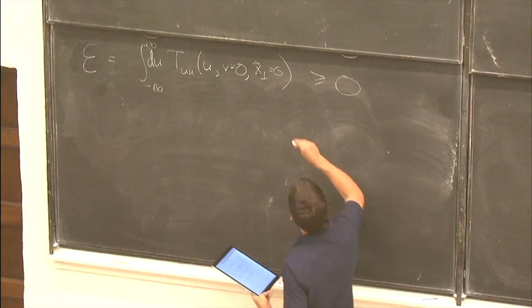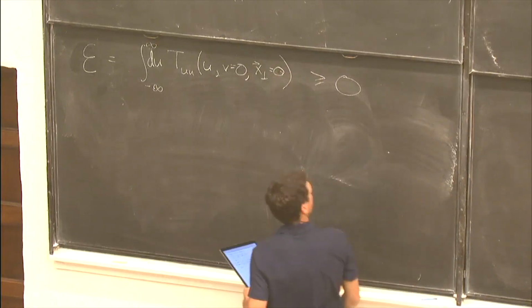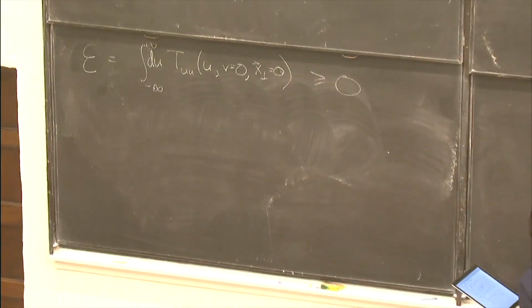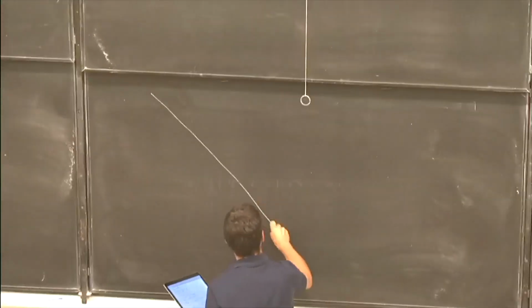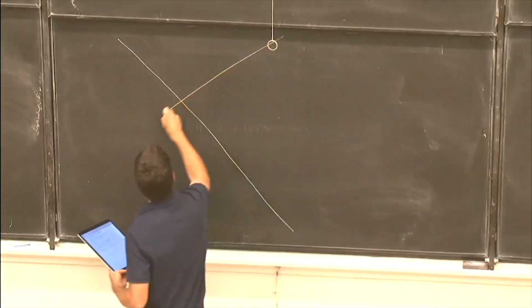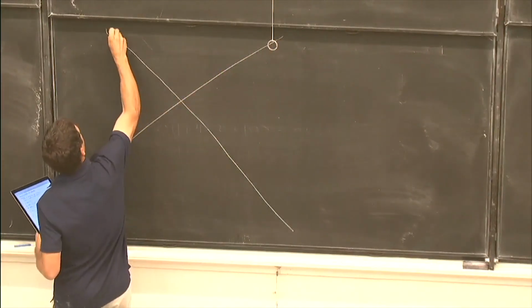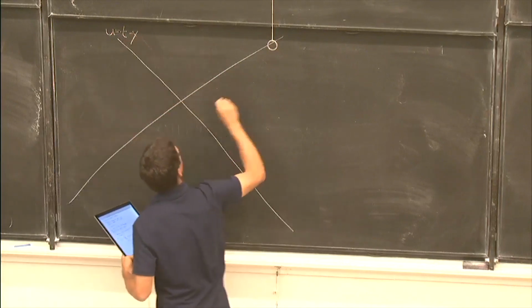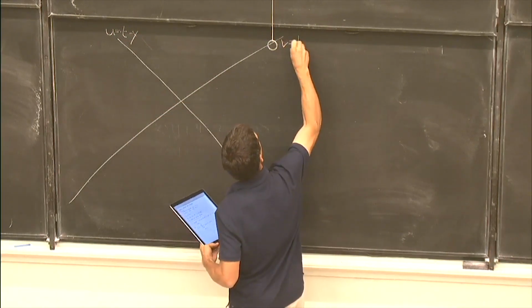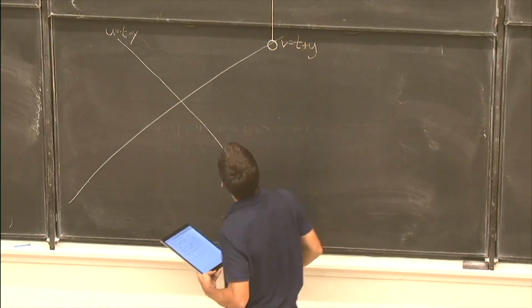I just picked a point, it could be anywhere. The kinematics, which I'm hopefully going to draw once and for all, are as follows. I've picked light cone coordinates. u is t minus y. v is t plus y.